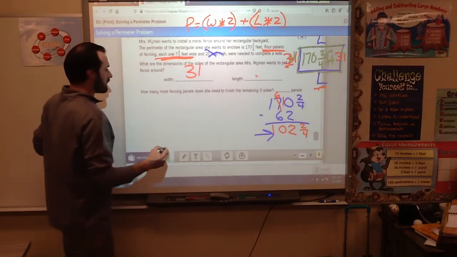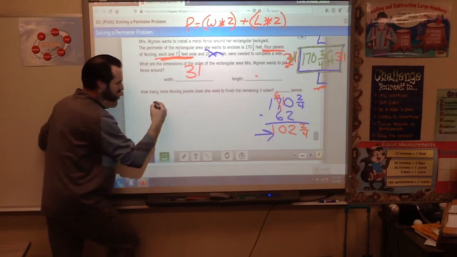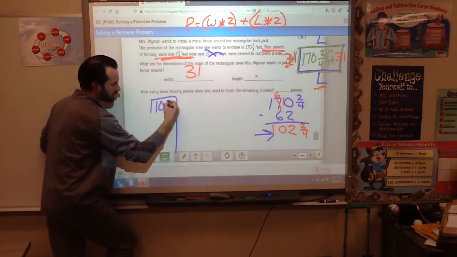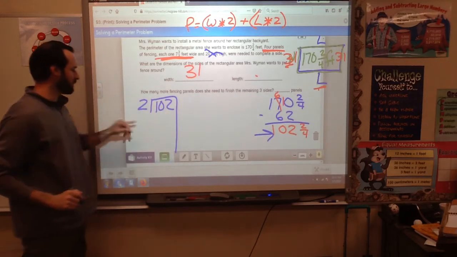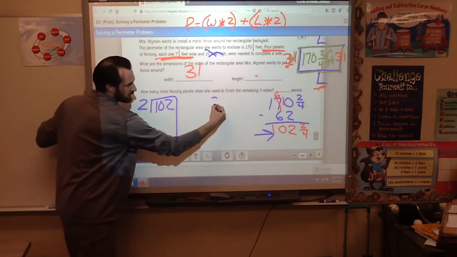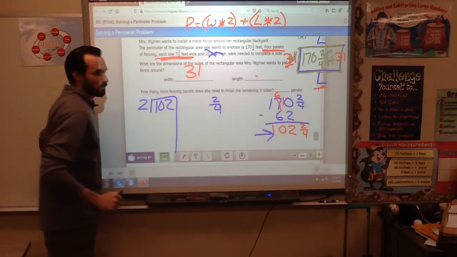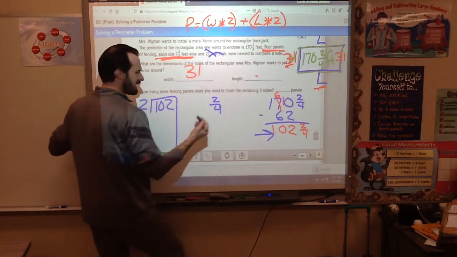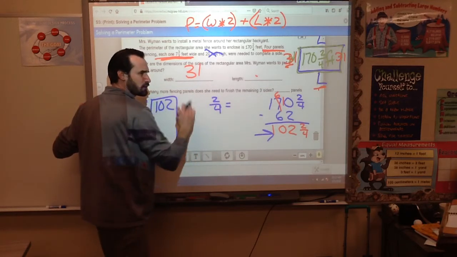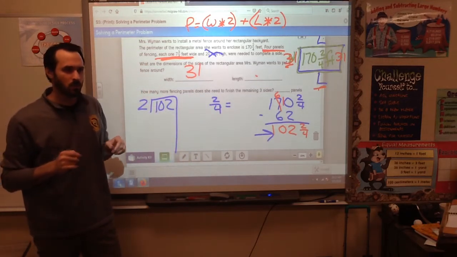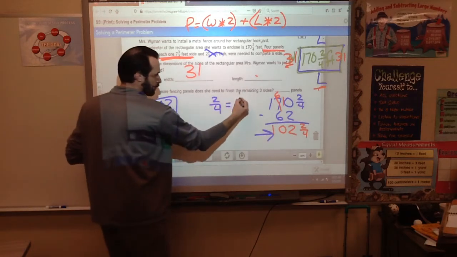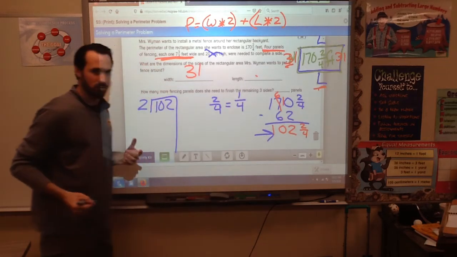Okay? Now the problem with that is, if I just gave you this, a lot of you would be able to take that. But the problem is, what do I do with the 2/4? Well, we need to cut that in half too. And that's really easy. Just think, if I have 2/4, what's half of 2/4? Half of 2 is 1, so 1/4.